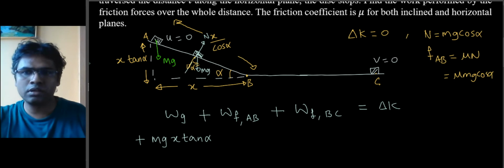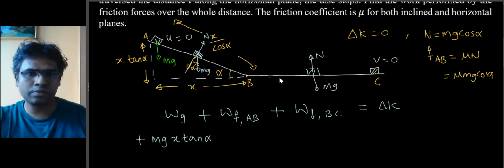But when the block reaches the horizontal level, the normal reaction is mg. So from B to C, the friction force is mu mg.